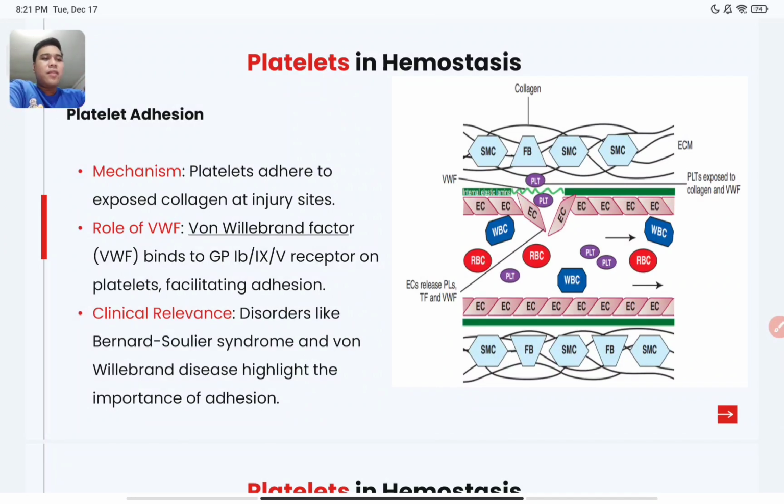So the clinical relevance of this, there are persons that have a syndrome which is called the Bernard-Soulier syndrome and von Willebrand disease. So later on we will discuss these diseases in the diseases of primary hemostasis. Just remember that Bernard-Soulier syndrome and von Willebrand disease is mainly concerned with platelet adhesion.